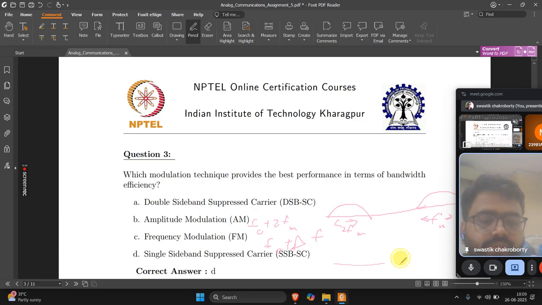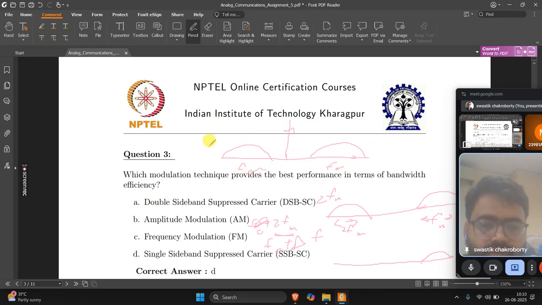For single sideband suppressed carrier, you only have this. Here also you have 2FM. The carrier is a single impulse, so it won't contribute to the bandwidth, but the sidebands occupy bandwidth. So each of them is FM and FM.